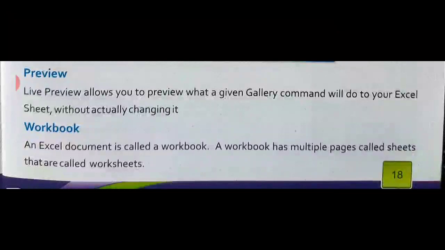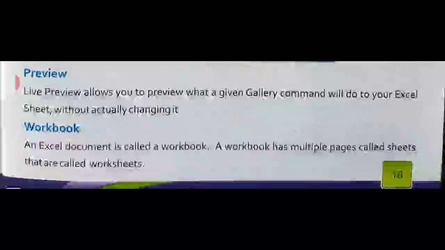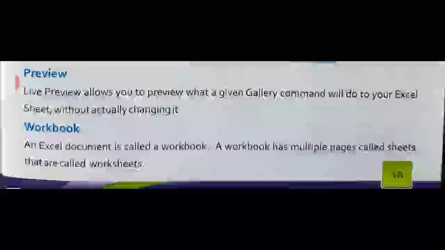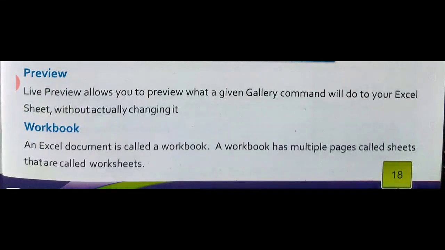A workbook has multiple pages called sheets, which are called worksheets. Workbook means the entire document in Excel, and the pages in the entire document are called worksheets. A very simple example: suppose right now you have your computer workbook with you.